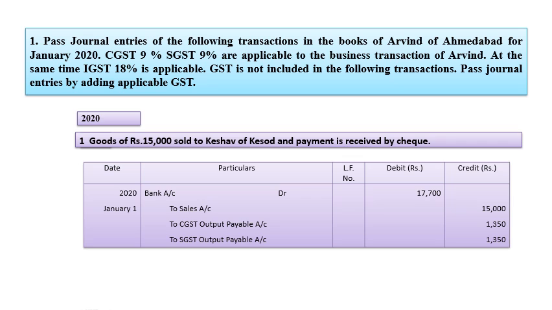So total 2,700 is the liability of Arvind, and he has to deposit this amount to the government in the next month. So this way the total amount of 17,700 comes: 15,000 plus 1,350 plus 1,350.